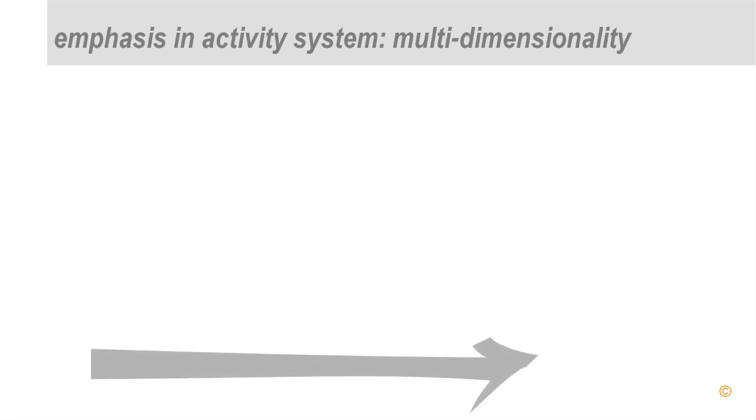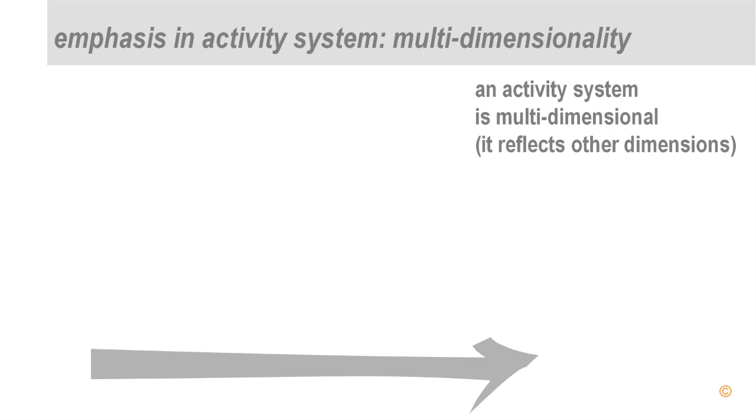At the same time, each of the activity systems of an entity system is multidimensional in itself. That means it reflects other dimensions. So, for example, my economic activity of working has a psychological dimension.